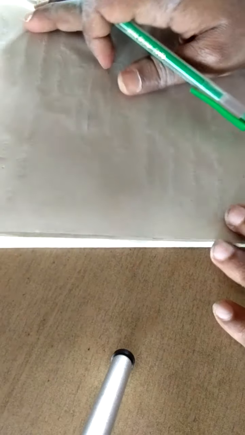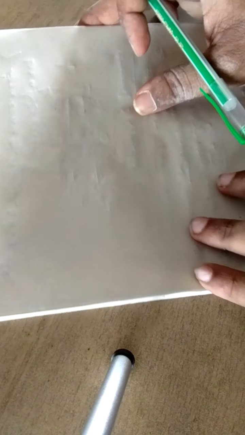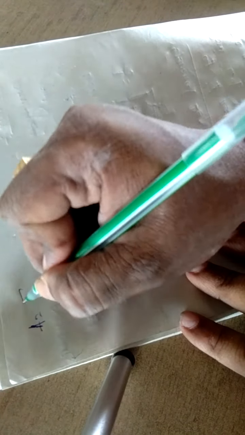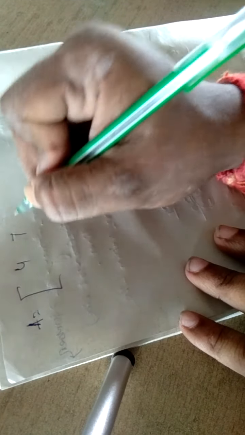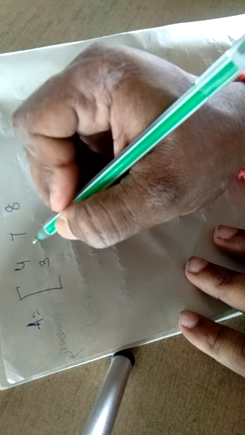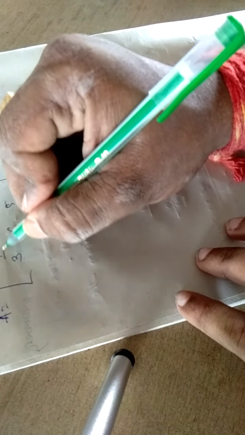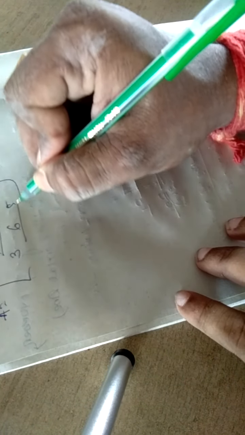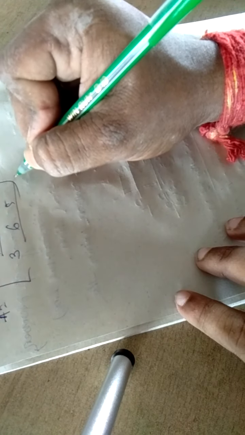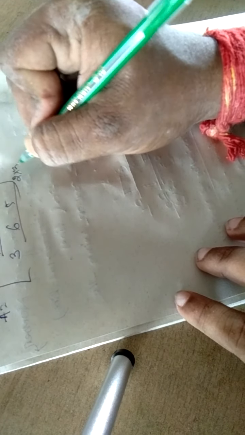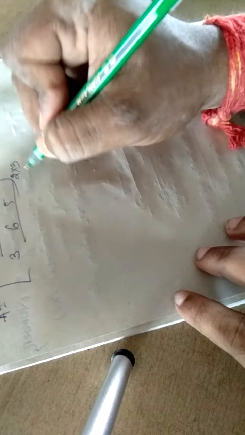Now let's take another example of a matrix. A matrix is 4 7 8 in the first row and 3 6 5 in the second row. This is a matrix of 2 rows and 3 columns, so the order is 2 by 3.